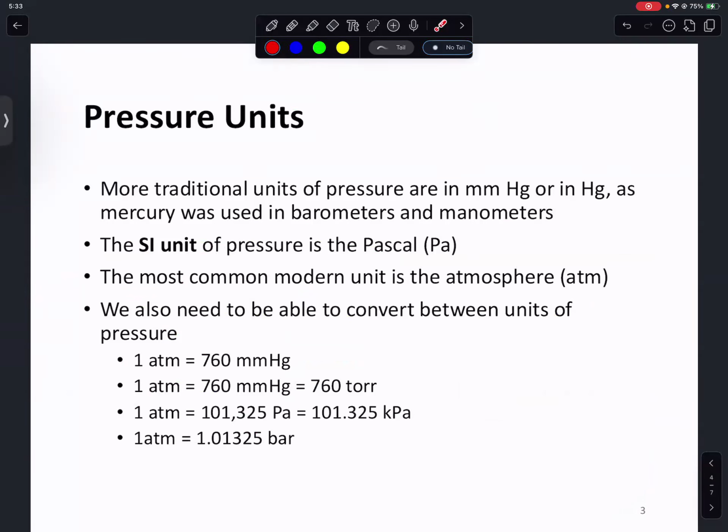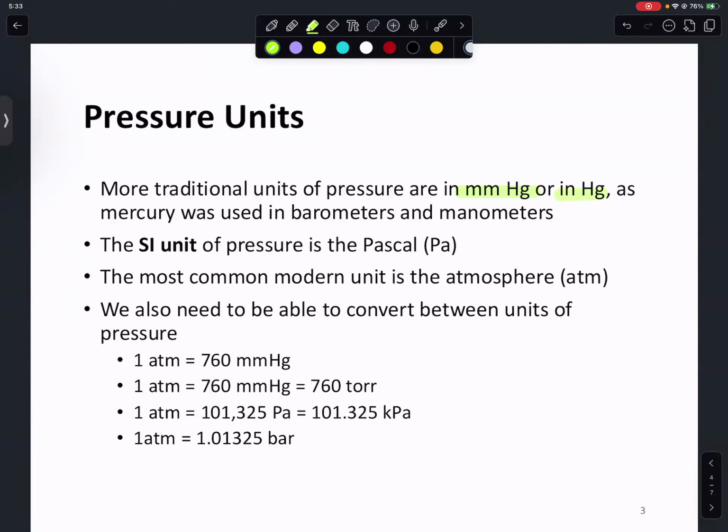Another related thing that we need to know are the units of pressure, because if you're taking 1312 or 1412, you will see these different units utilized at the beginning of the semester. The most popular one that you might have heard about in lab, or just in general, is millimeters of mercury or inches of mercury.